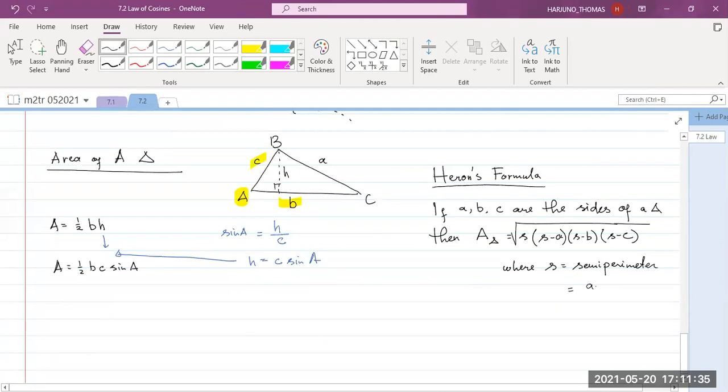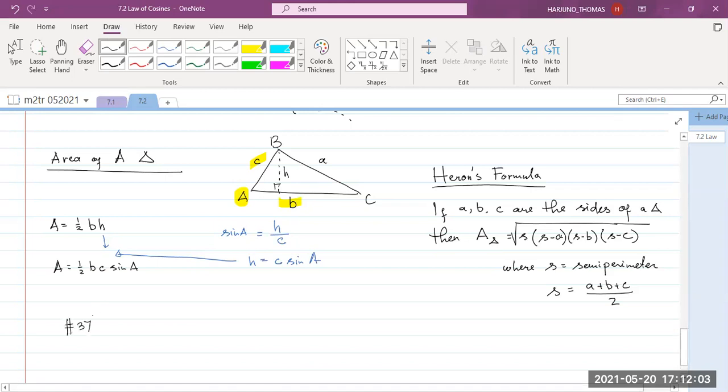That is A plus B plus C, the perimeter, divided by 2. Okay, now let's use this formula. For example, which one is good? For example, number 37.